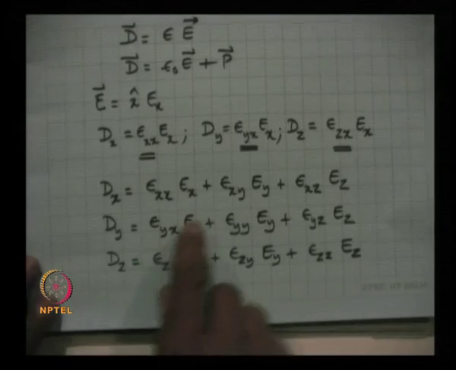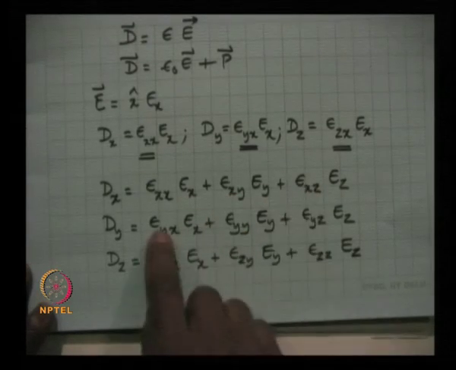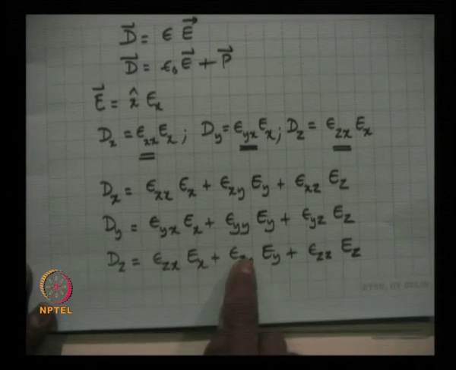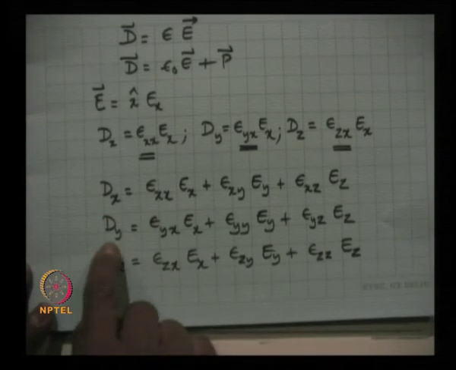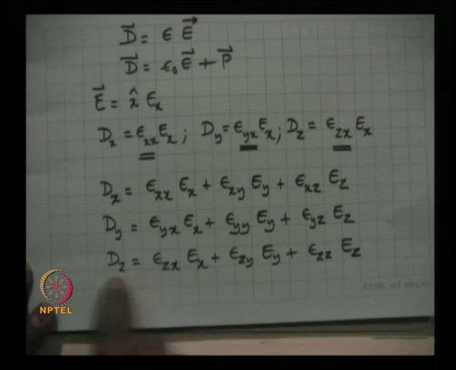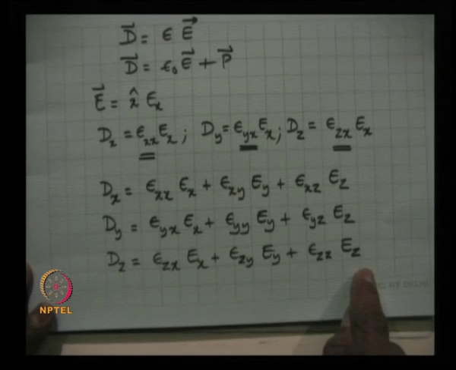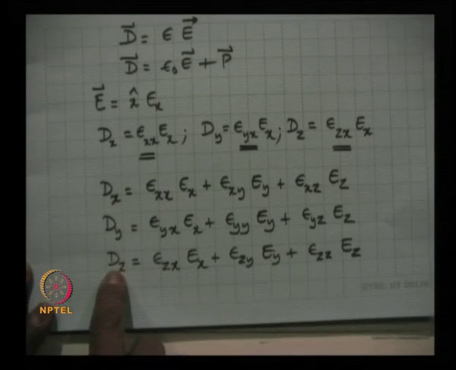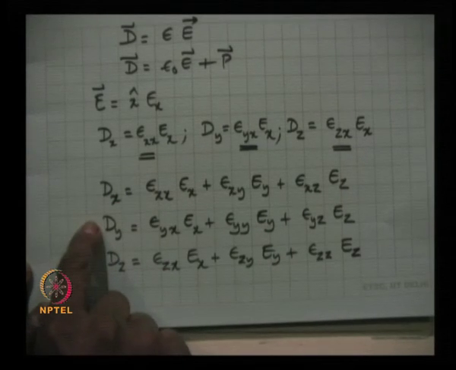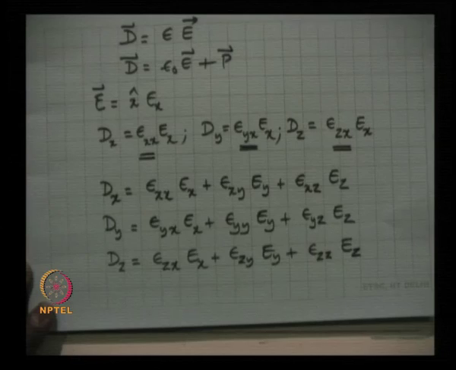D will be only in the y direction, because remember, in the principal axis system, the off diagonal elements are all 0. So you will have Dx is equal to epsilon xx Ex, Dy is equal to epsilon yy Ey, Dz is equal to epsilon zz Ez. So if I apply an electric field along Ey, Dx and Dz are 0, only Dy survives. So principal axis directions are three special directions in which, if you apply an electric field, the displacement vector is parallel to it.